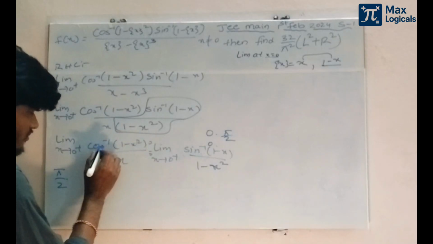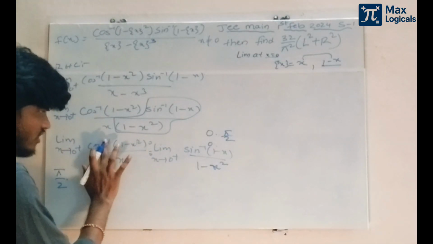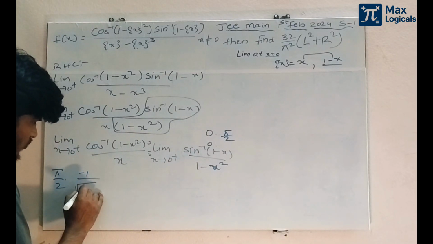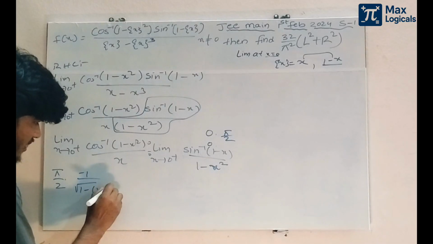First, the differentiation of cos inverse of x is minus 1 by square root of 1 minus x square.